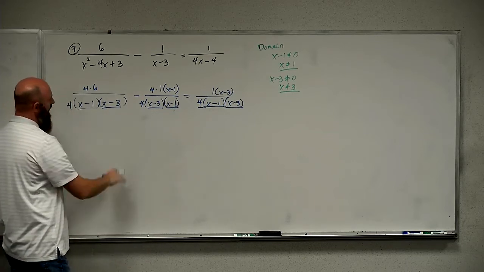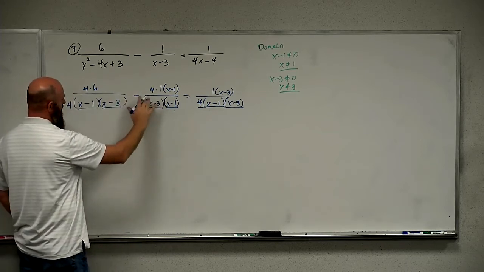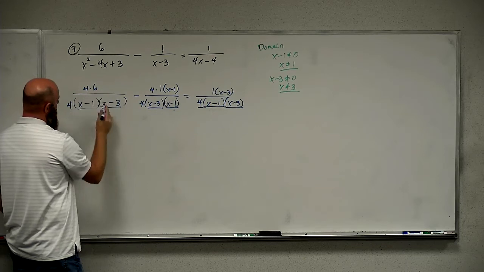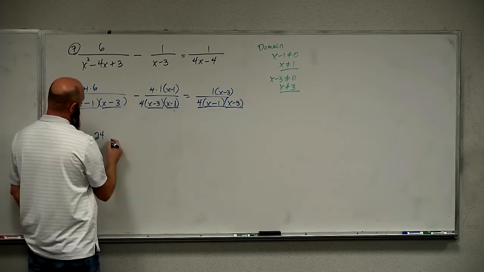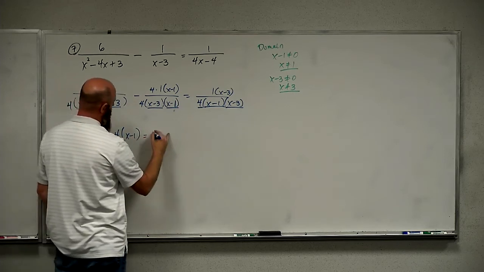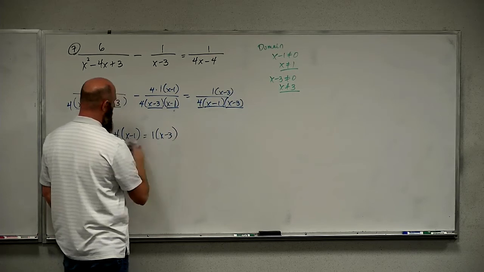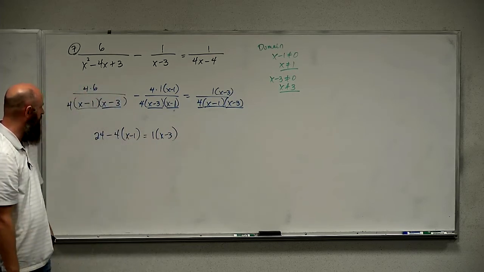All right. Now that the bottoms are all the same, we don't need them. I do want to be careful with my distribution. So 4 times 6 is 24. Negative 4 times 1 is a negative 4 times x minus 1, and equals 1 times x minus 3. I'm going to do my distribution in the next step so that I'm not doing too much at once.